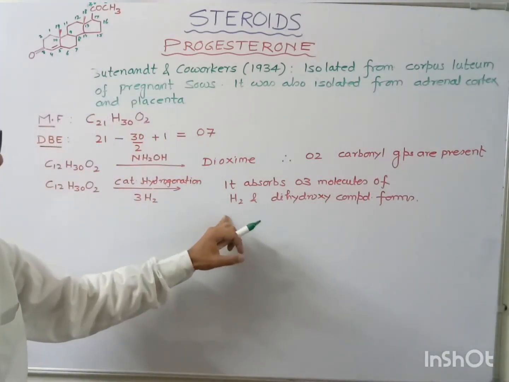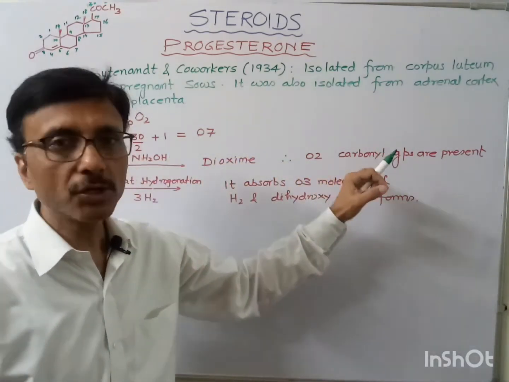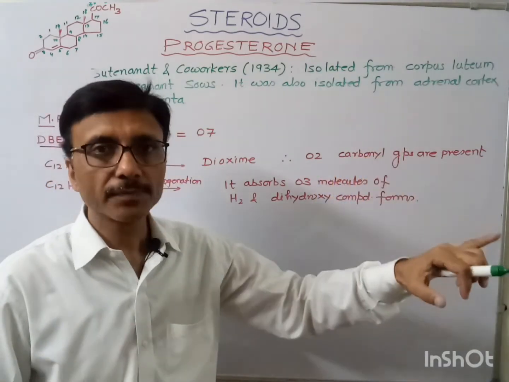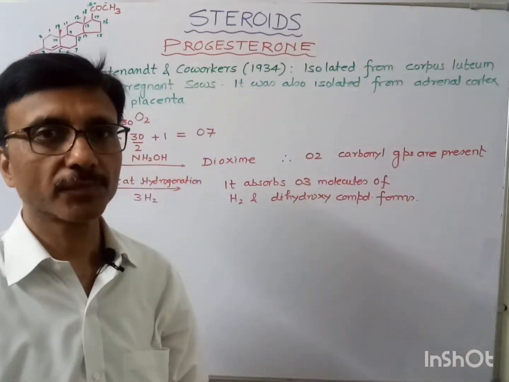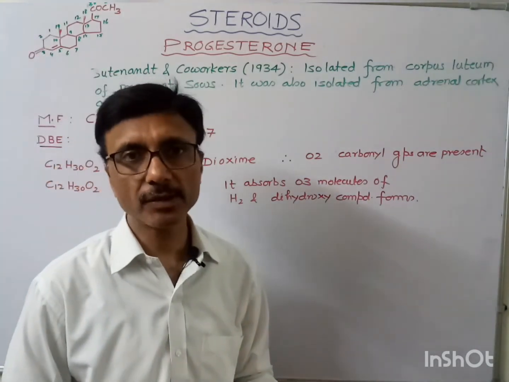The formation of this dihydroxy compound indicates that the 2 carbonyl groups should be keto groups, because a keto group on reduction gives a secondary OH group.